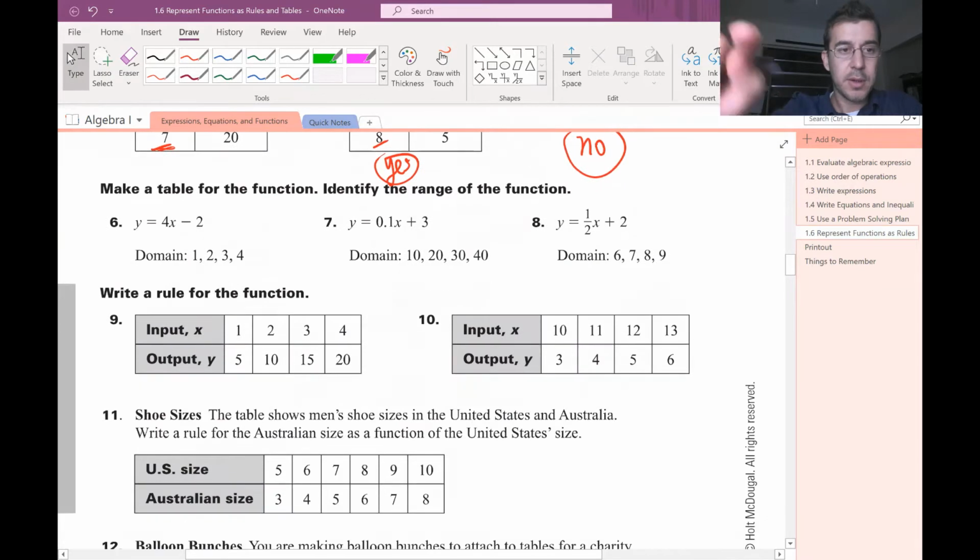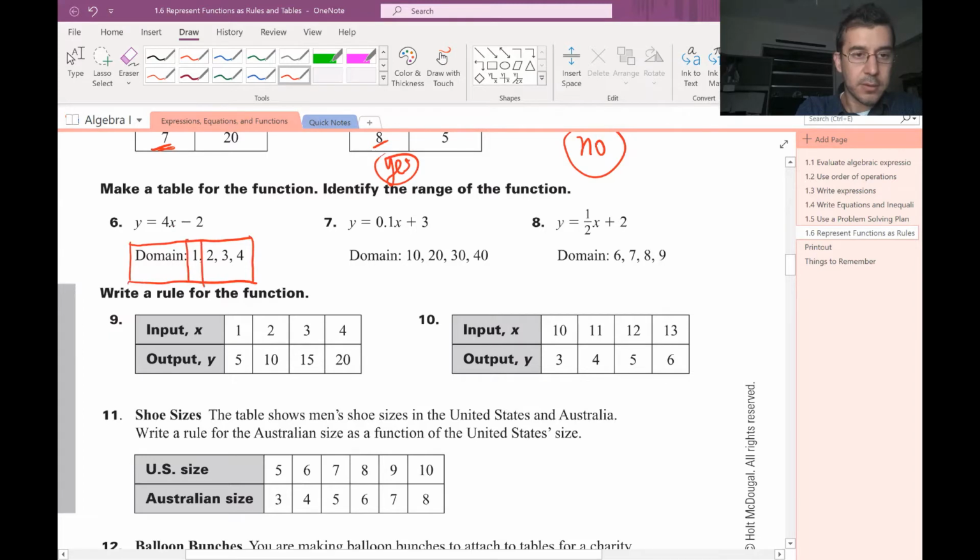Number 6, make a table for the function. Identify the range of the function. So we have the domain. Range.